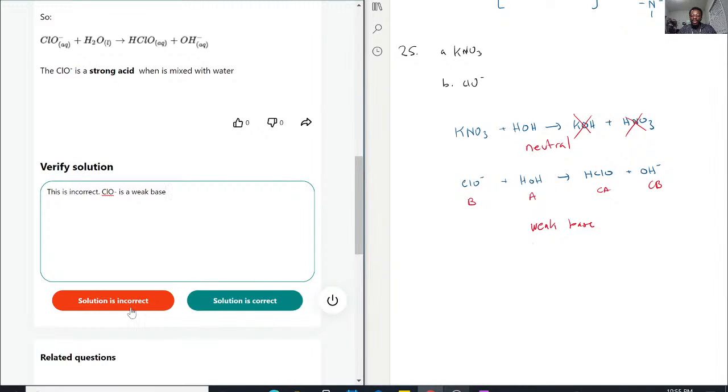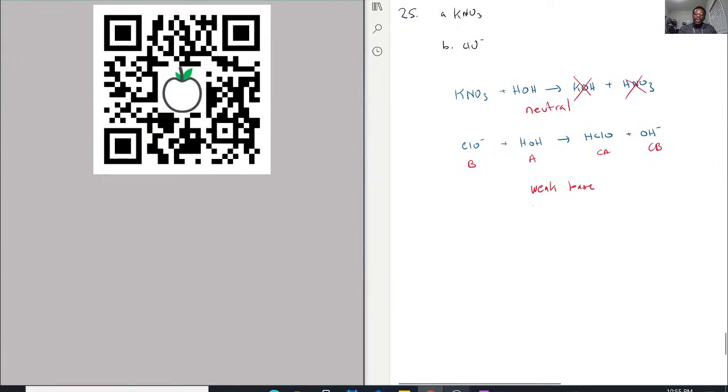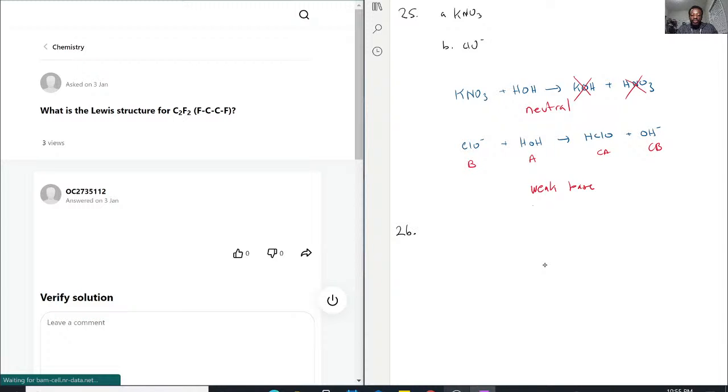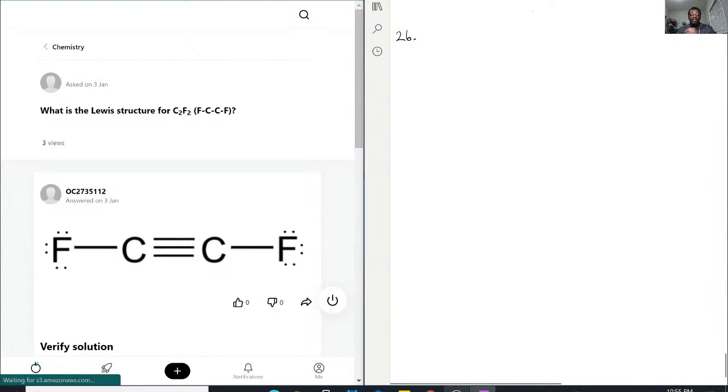So with that being said, that was incorrect, and we can now move on to question number 26. The question is asking, what is the Lewis structure of C2F2? And they actually were nice enough to give us a structure of FCCF.